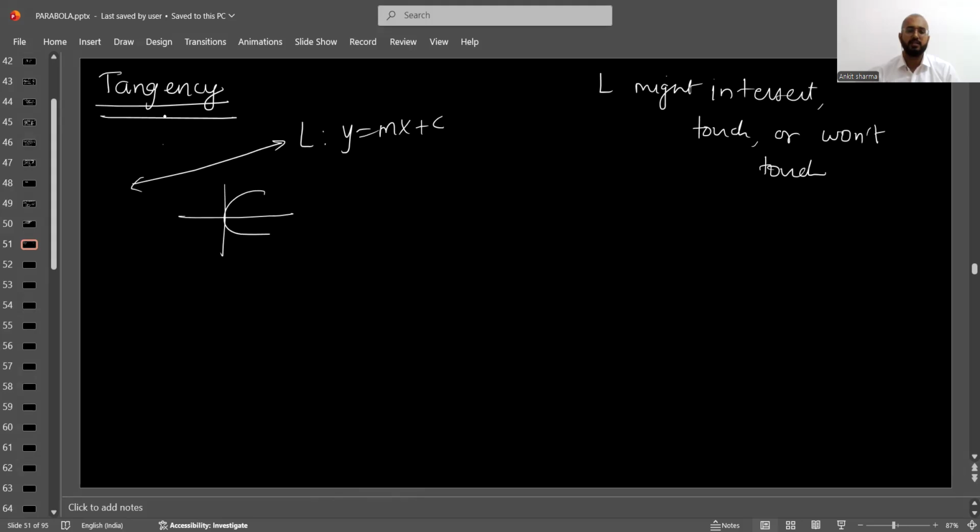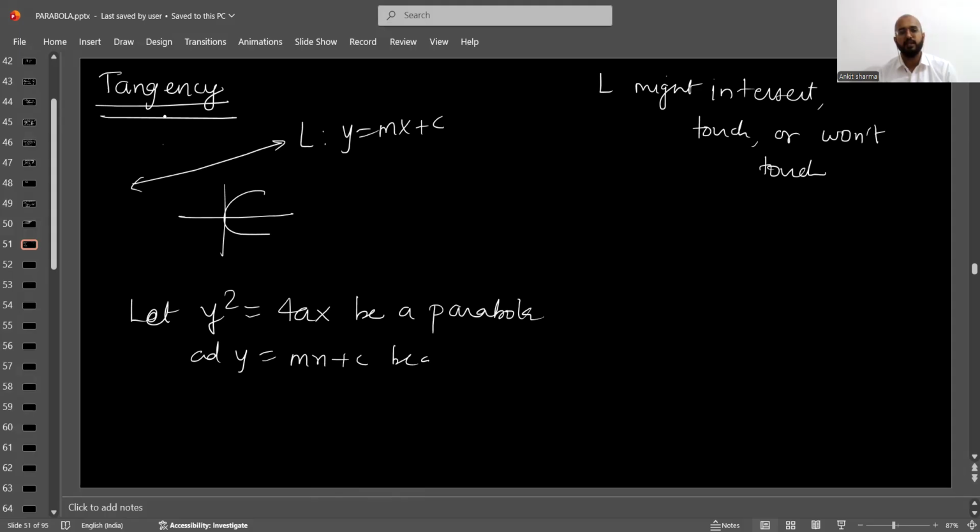So again, we'll apply the condition. Let y square is equal to 4ax be a parabola, and y is equal to mx plus c be a line. So now we can just simply plug in here. We'll solve these two equations.